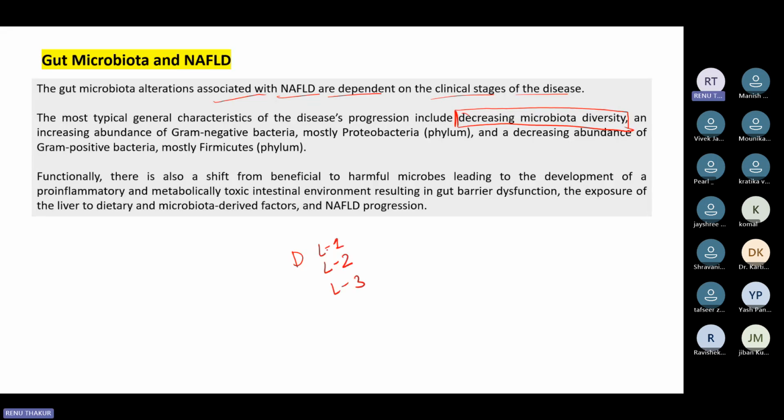When dysbiosis begins, it will have an altered microorganism composition, and it will start decreasing the diversity. In a healthy gut, A, B, C, D bacteria were there. Now it will only have A increased, B increased, and no C and no D. It means the diversity is decreased.